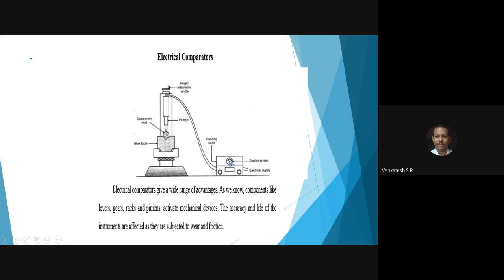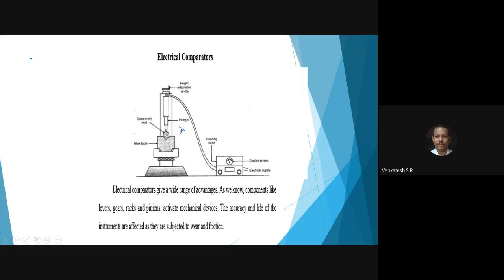You can observe the upper limit and lower limit by adjusting the dial indicator that indicates milliamps or millivolts in the display screen. And this is connected to the plunger. The plunger has a sensor which assesses the diameter of the component.